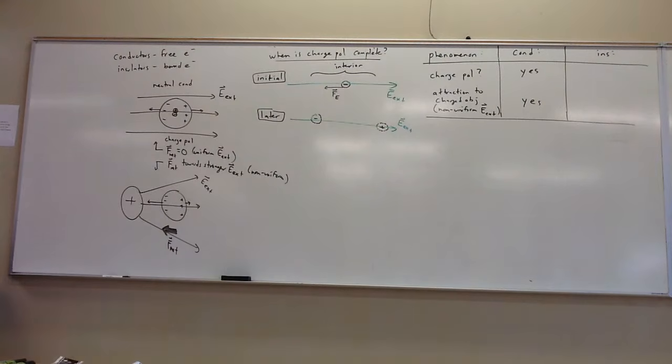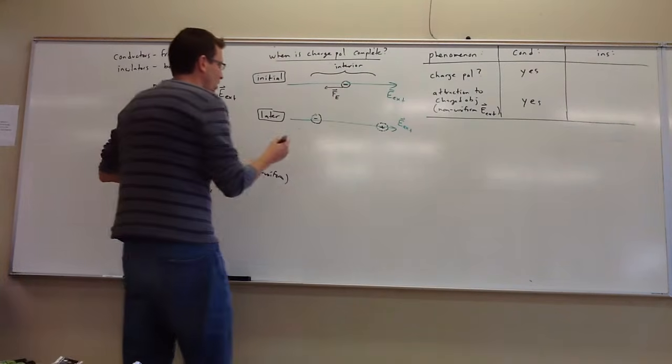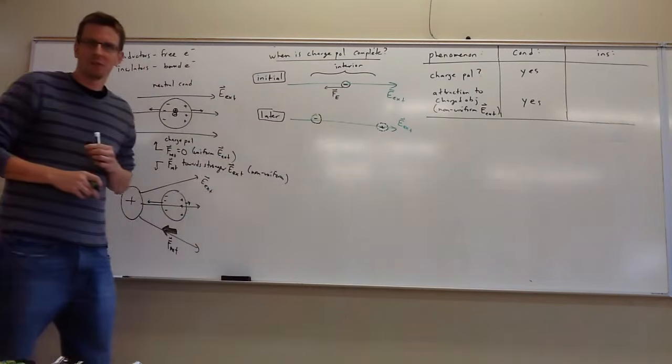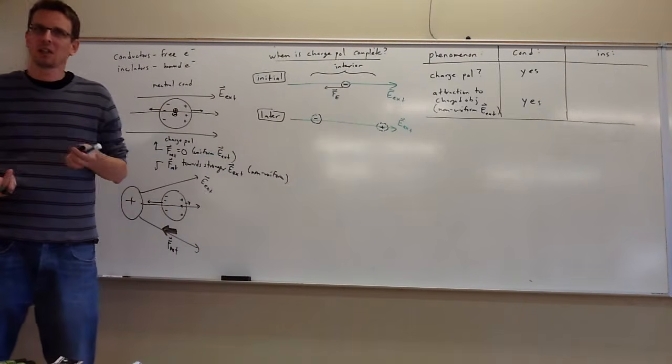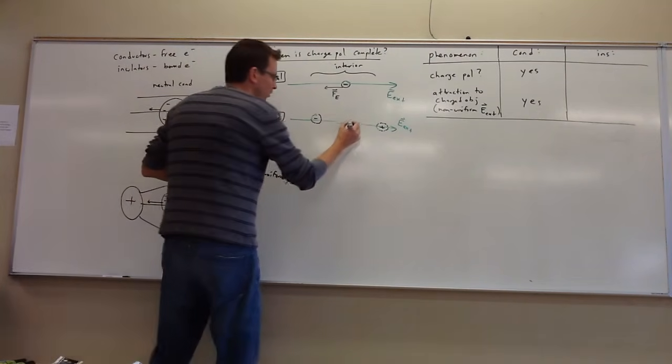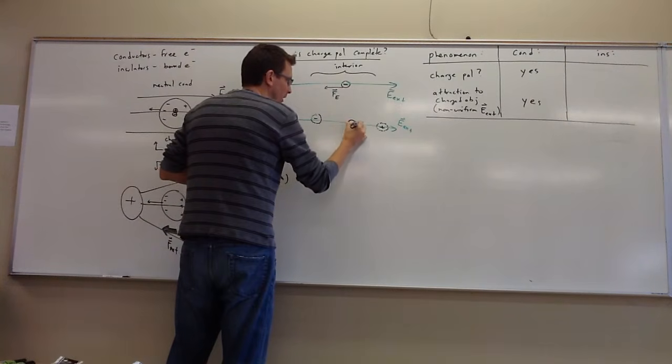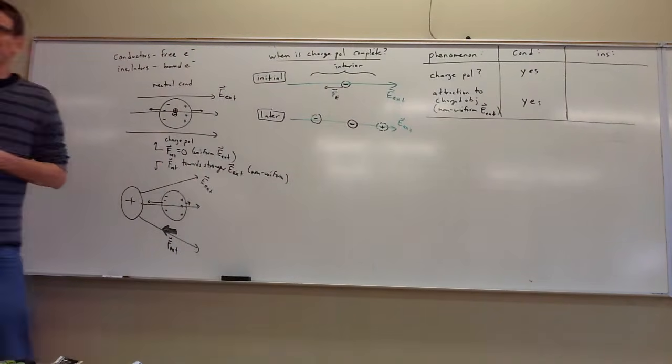So we have the beginnings of charge polarization, right? So these are charges that have gone earlier than the point I'm talking about, and now we're looking at how much does the next one want to go. So let me draw in the next electron.